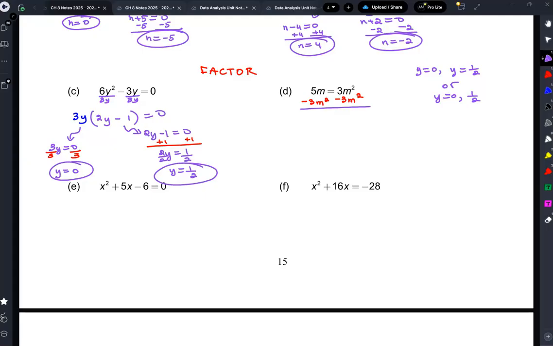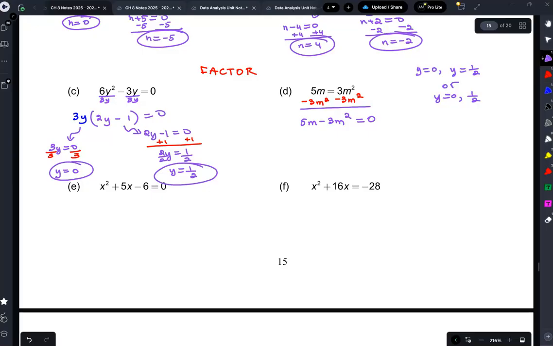Okay? So here I have 5m. Remember, these are not like terms, right? 5m and 3m squared are not like terms. So it's 5m minus 3m squared equal to what?